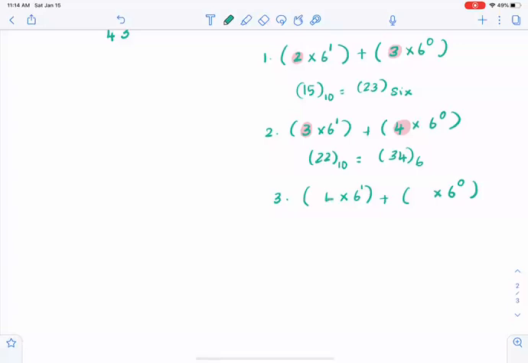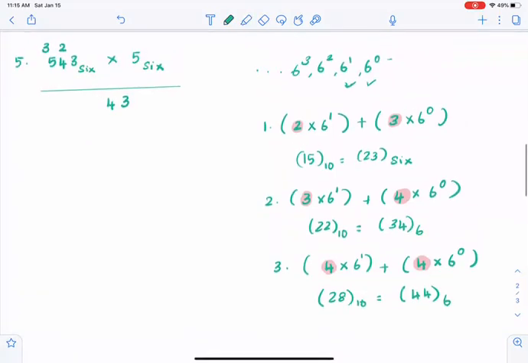If I put 4 here, 6 times 4 is 24. If I take 24 out of 28, I'm left with 4. So I'm just going to put 4 there. So 28 in base 10 is simply 44 in base 6. So I can simply put 44 there.